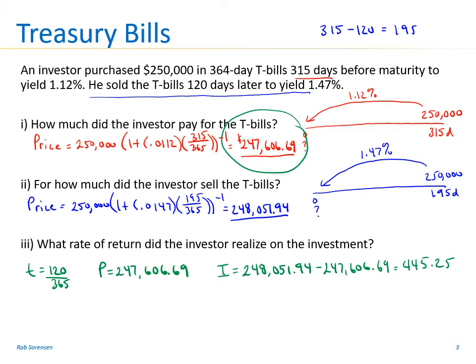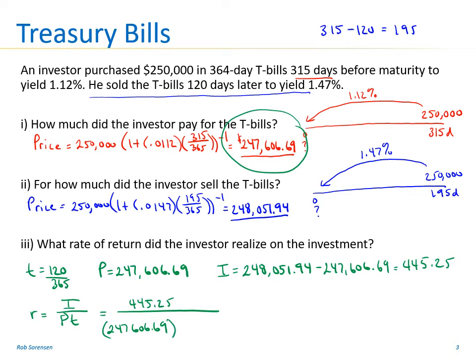Well, we can go back to what we learned at the very beginning of things last week, and we can say R is equal to I over PT. This is probably the easiest way to work this one out. And he made $445 on his original investment of $247,606.69.